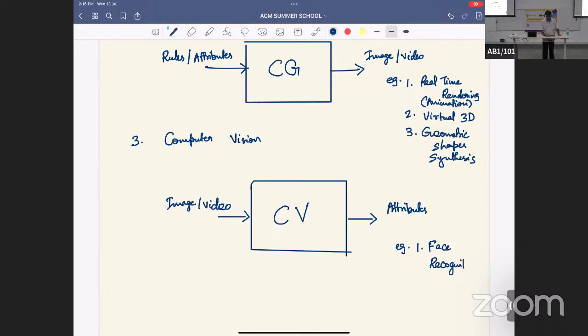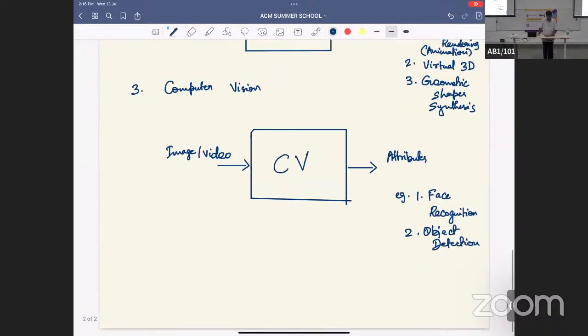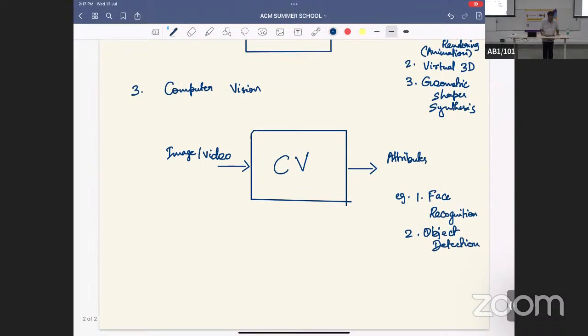Someone told earlier. Any other thing you can think of? Object detection, yeah. You put a bounding box around the object given an image or video. That's fine. Anything else? Emotion recognition, yeah. In general, we can mark it as a class of action recognition. Emotions are also different actions that you can recognize through facial images, right?